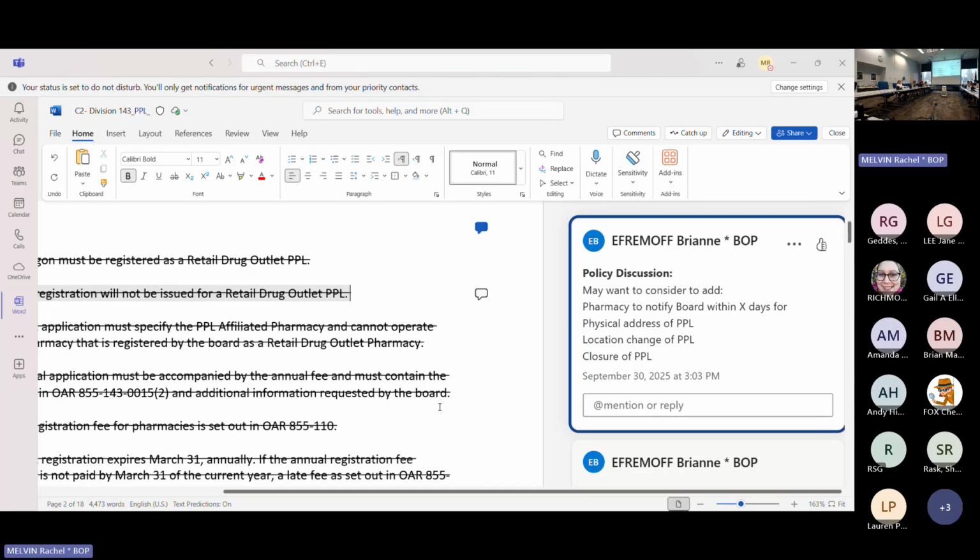I do respect the comment about inspections. And so if that information needed to be known ahead of time, that would drive how often this would need to be updated. So do I want to know if a pharmacy has a PPL? Yes. So then do I want to know if it changes location or no longer exists? Yes.